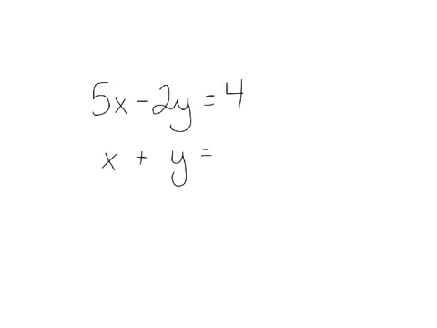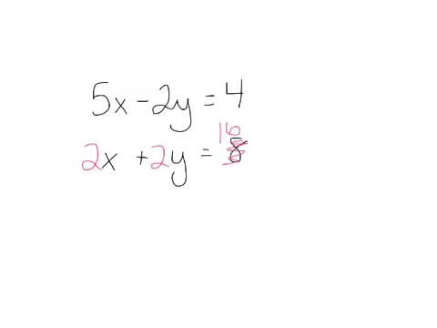Now, if I'm given something like 5x minus 2y is equal to 4, and x plus y is equal to, say, 8, it can also be used if I multiply everything by 2.